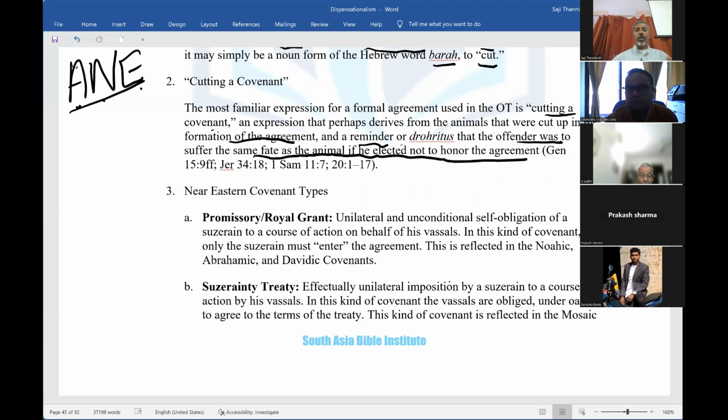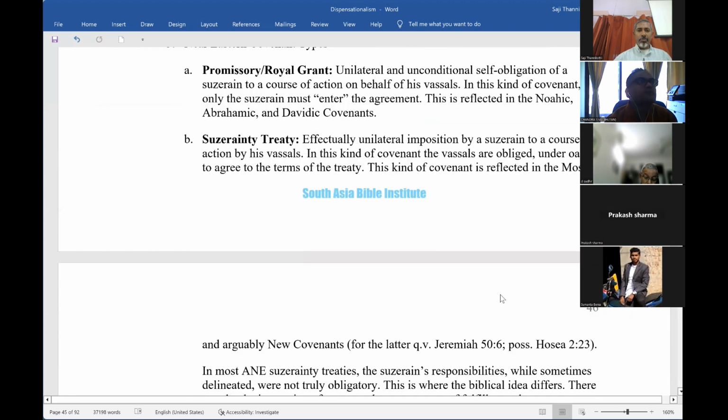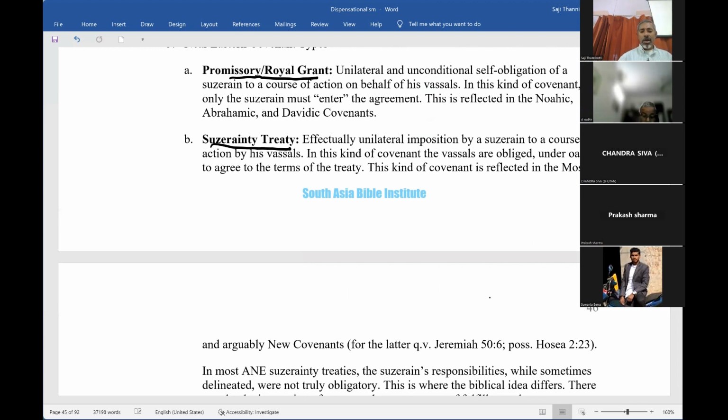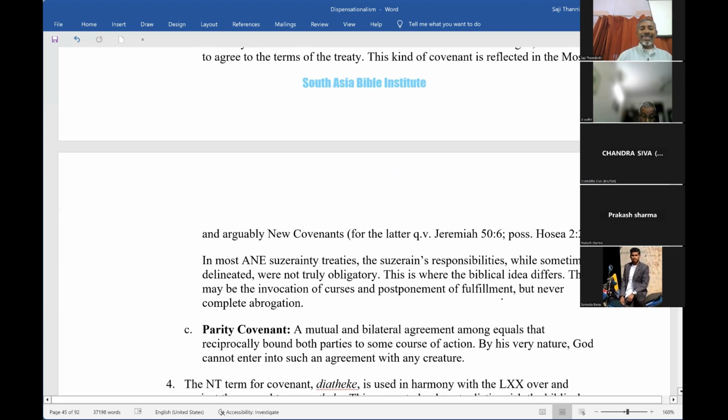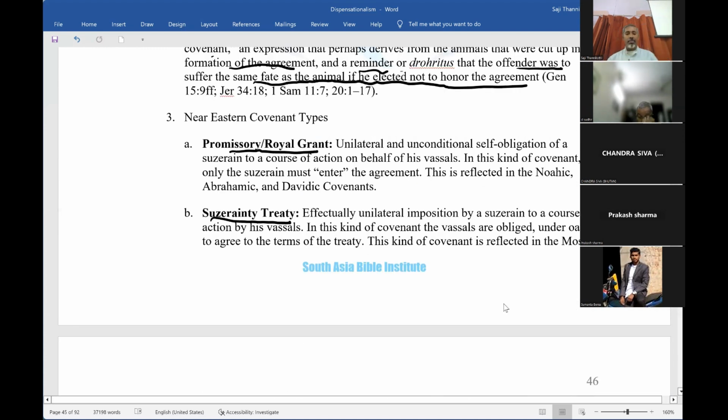There were three types of covenants: number one is known as promissory or royal grant, then suzerainty treaty, and the other one is parity covenant. We already discussed these, so I don't want to discuss them again, because this comes in the Pentateuch.